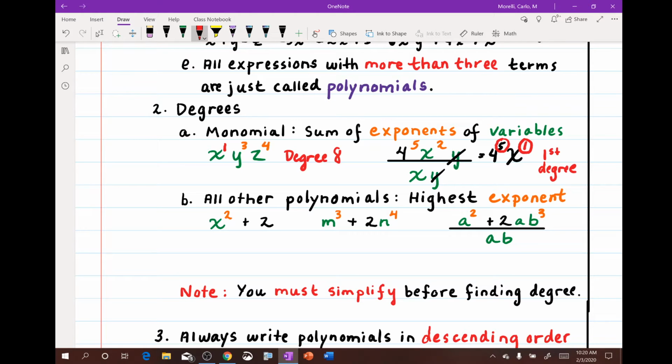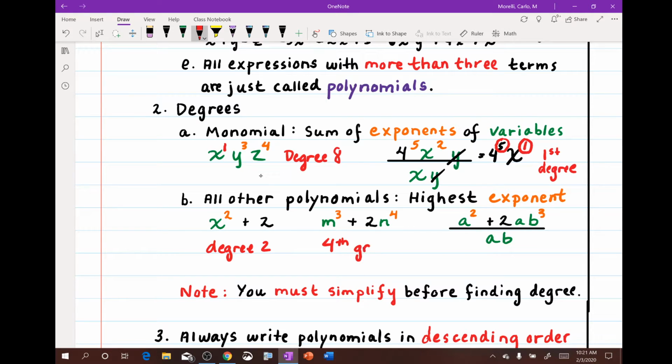Okay? Let's do what's called a choral response. That's where you all shout out at once. What is the degree of x squared plus 2? Out loud. Yeah, 2nd degree or degree 2. What is the degree of m cubed plus 2n to the 4th? 4th degree.